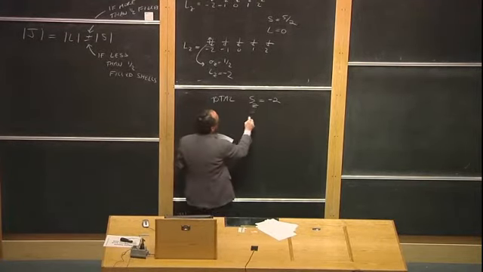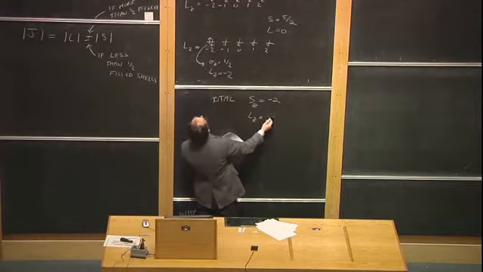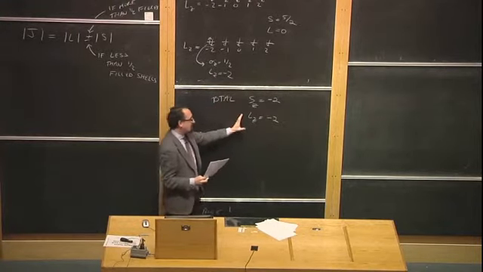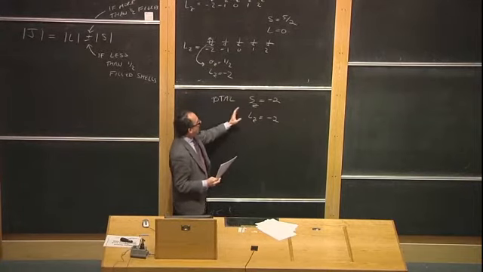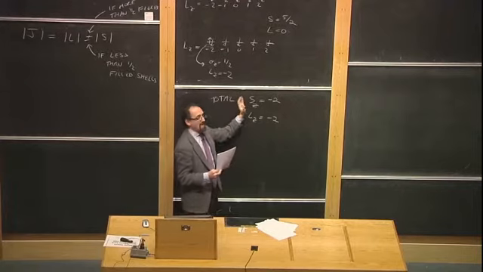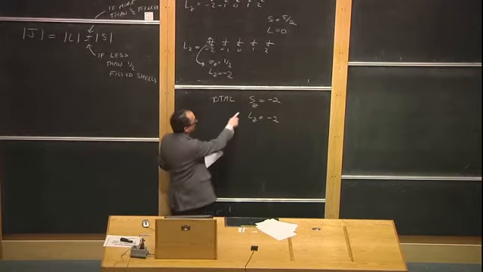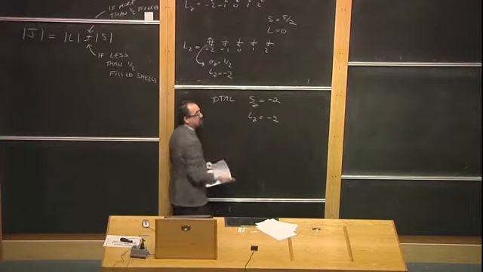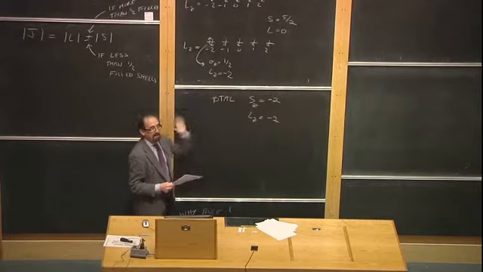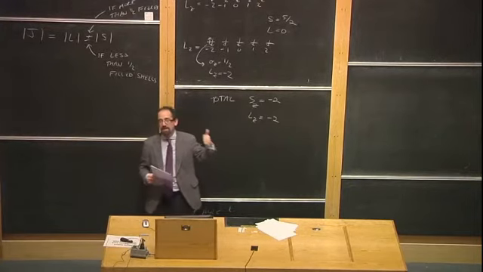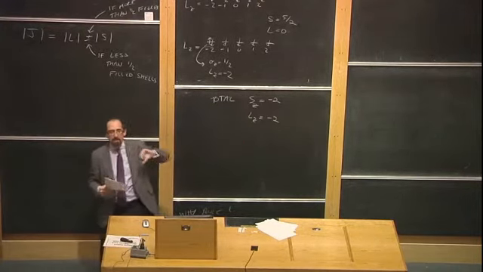Even though the LZ here is minus 2, the total LZ of the half-filled shell was 0, and we added one electron. That electron is pointing up, but the total spin angular momentum is still pointing down. So here, the total spin angular momentum and the total orbital angular momentum are now pointing in the same direction. And we were still just following the same rule that each electron wants to counter-align its spin and its orbital angular momentum with each other.